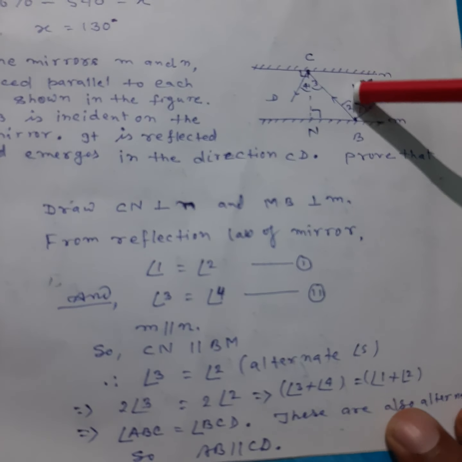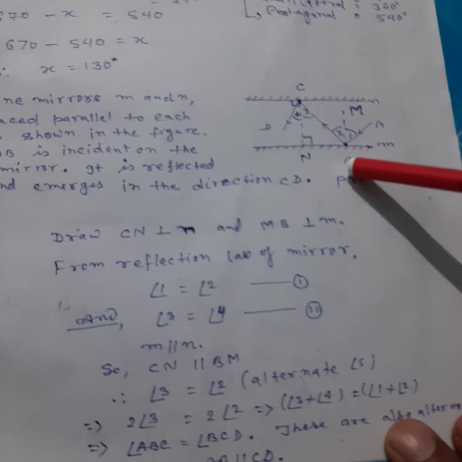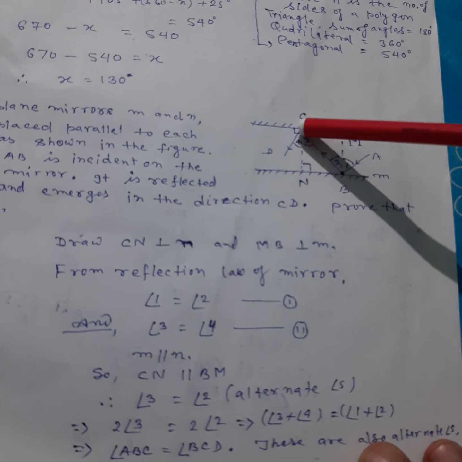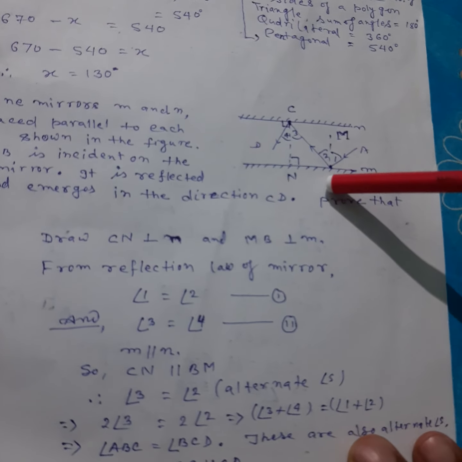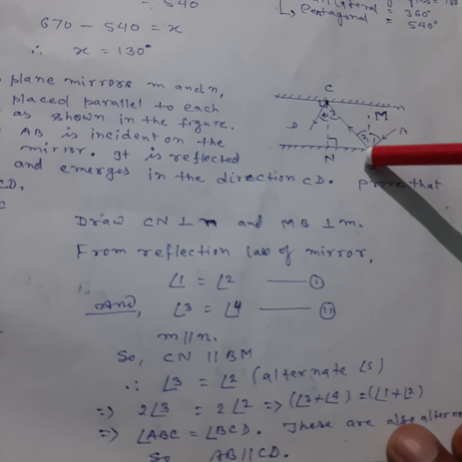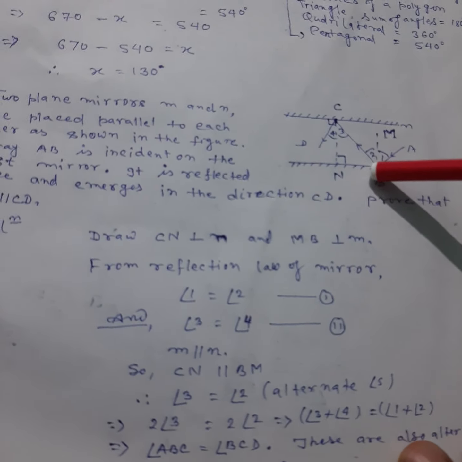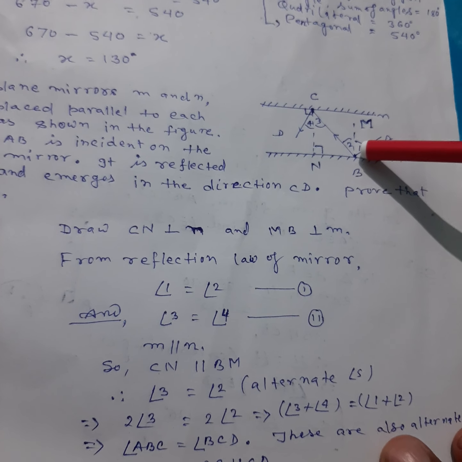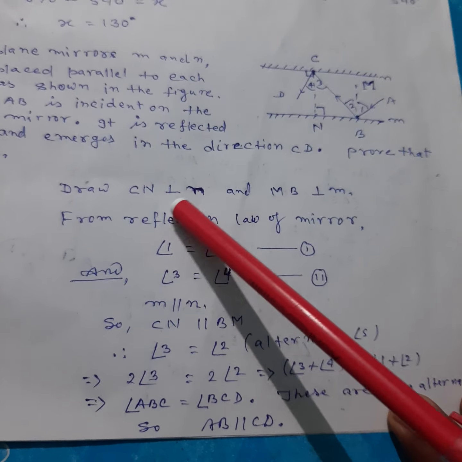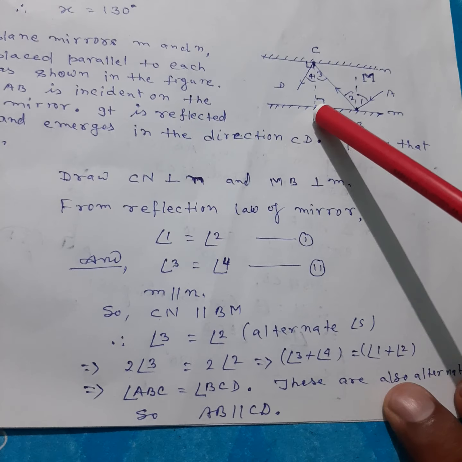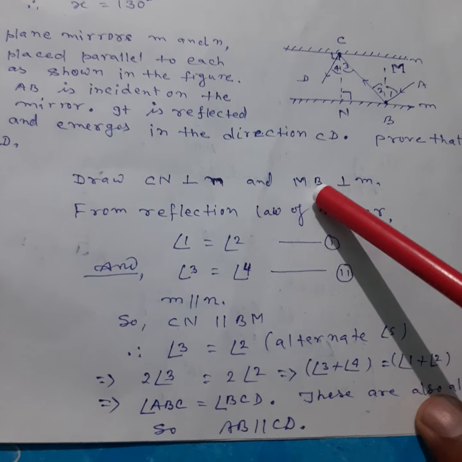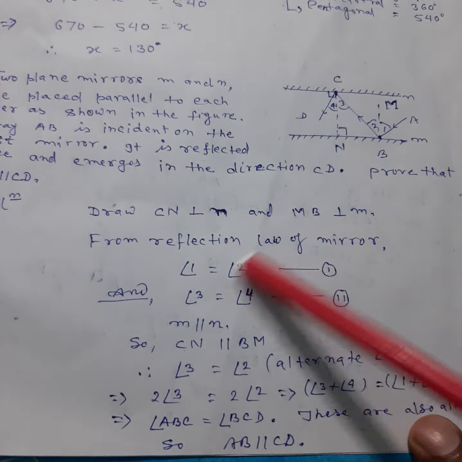CN and BM are parallel to each other because both are perpendicular to the same line, the same mirror.